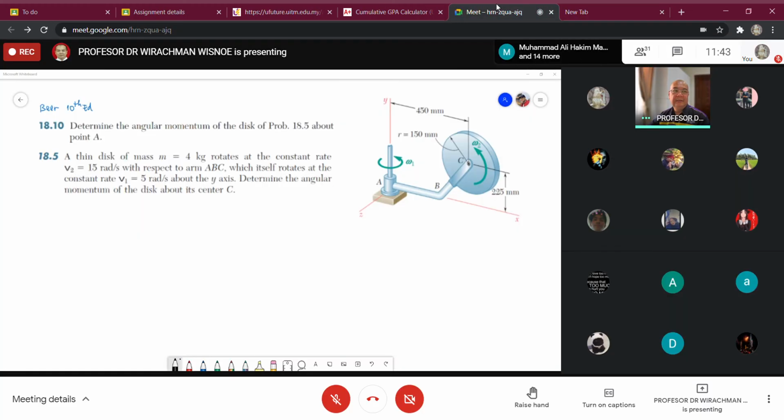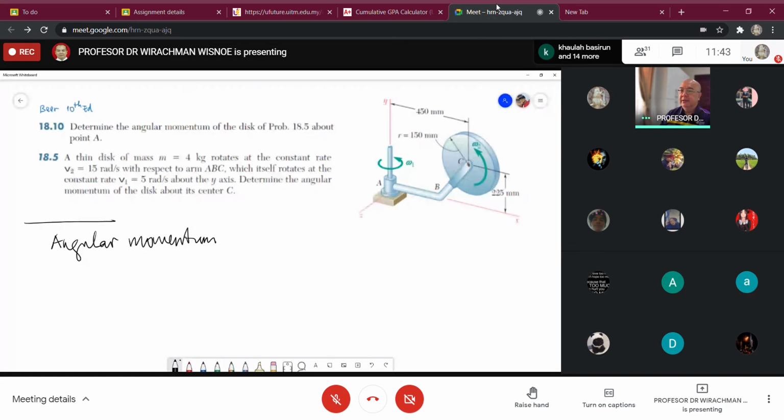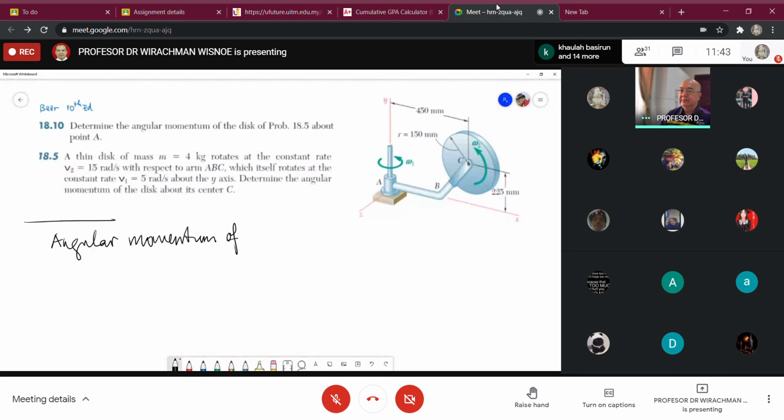So this is the question: angular momentum of disk about A now.